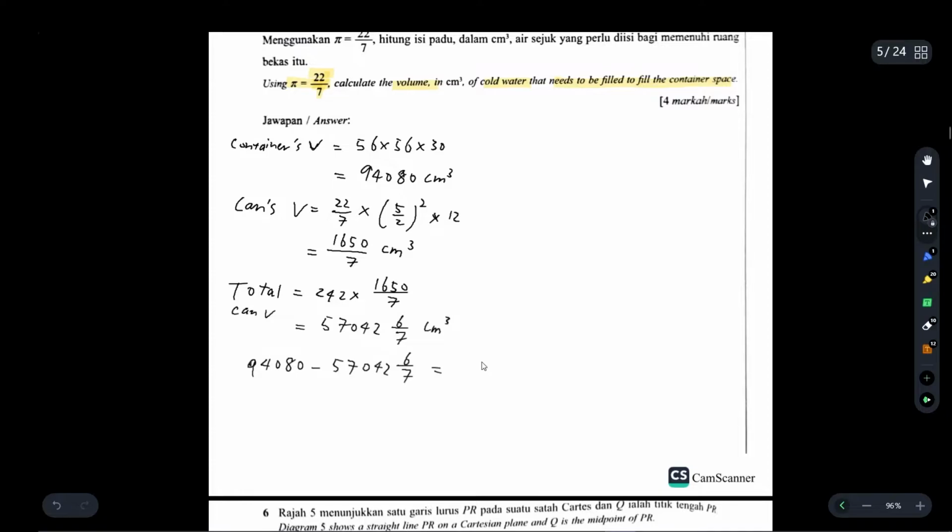If you are answering this kind of volume question, it's best to answer it in decimal form. So this is the volume of the cold water. I need to mark it up.